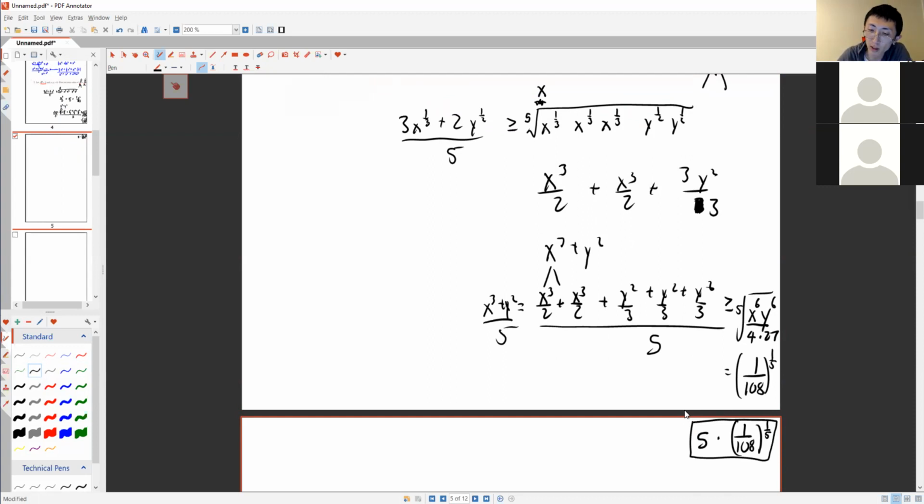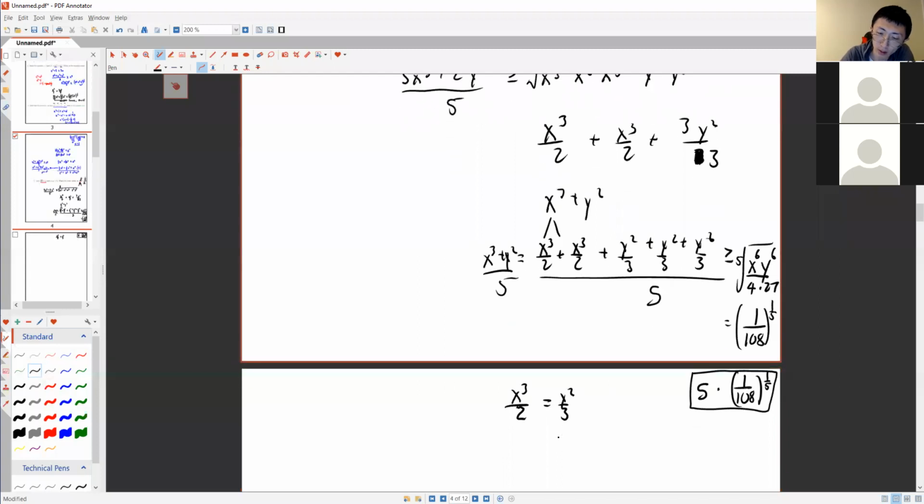So let's see, can we achieve equality? So x cubed over 2 equals y squared over 3. So maybe we should write it x cubed is 2/3 of y squared.